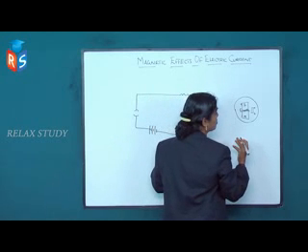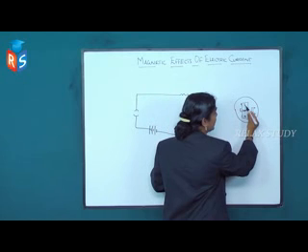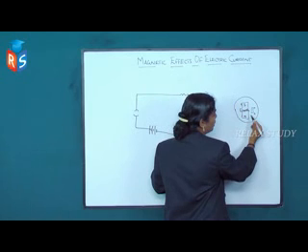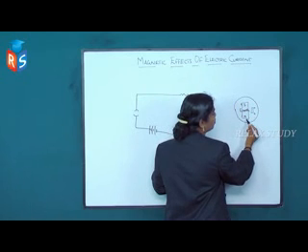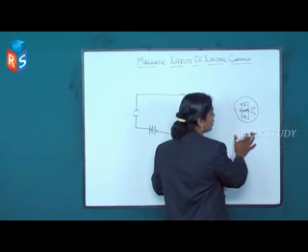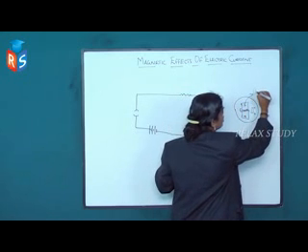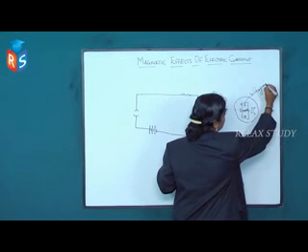What is the reason behind it? The north pole of the simple bar magnet is attracted towards the south pole of the Earth's magnet. Similarly, the south pole of the simple bar magnet is attracted towards the north pole of the Earth's magnet. From this settlement, we conclude that the magnetic south represents the geographic north.